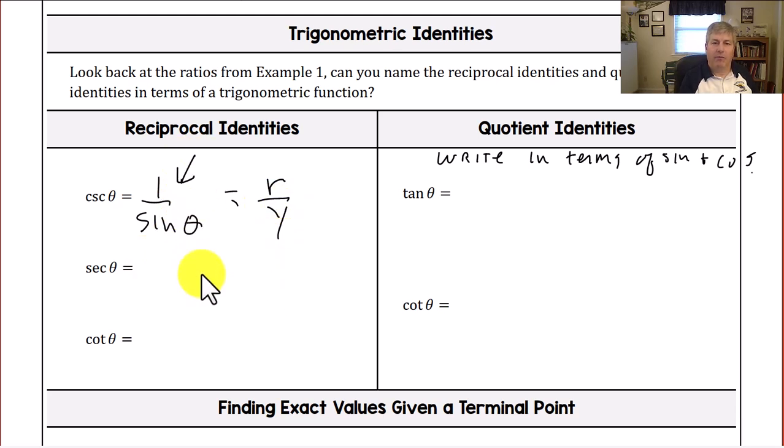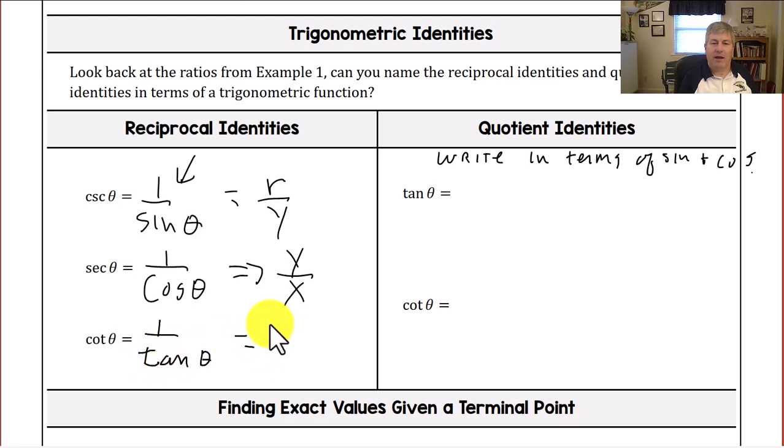The secant is 1 over the cosine of theta. It will also be helpful to know that cosine is x over r, so the secant is r over x, and the cotangent is, of course, 1 over the tangent of theta, which then would be x over y. So both of these columns are going to be important for our studies.